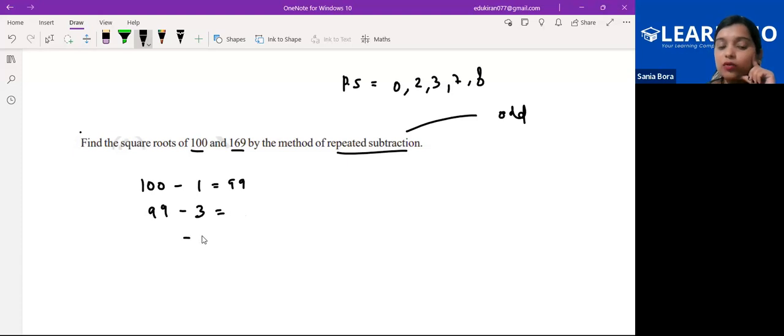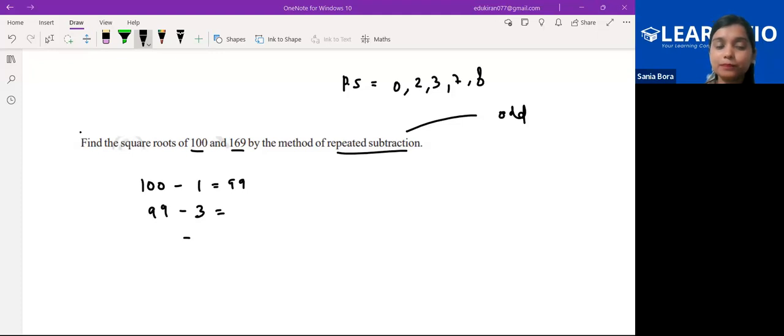The next odd number would be? We should go to 5, ma'am. Ma'am, we should go till 10. You have to continue till you get 0. Okay, ma'am. And similarly, you will do it for 169 as well. Okay. Clear? So you will first do this and then I'll tell you.